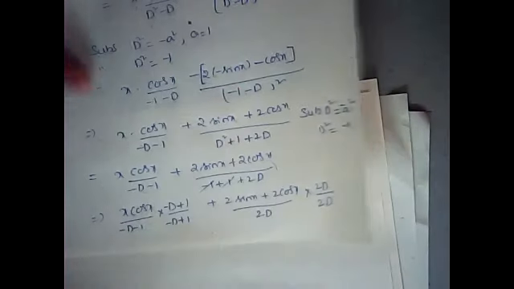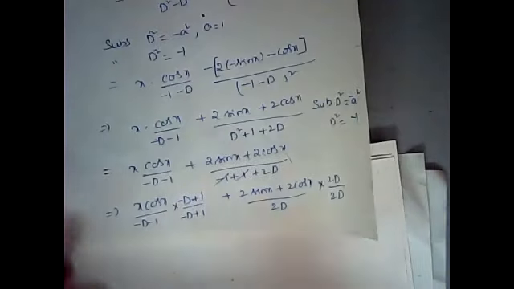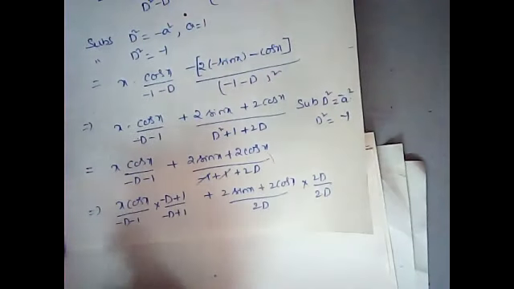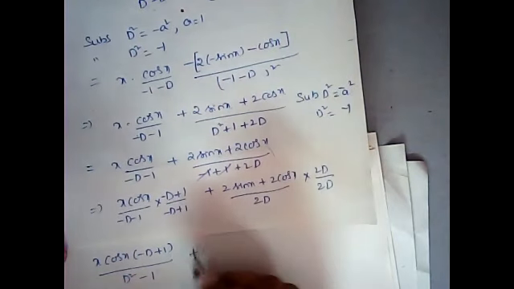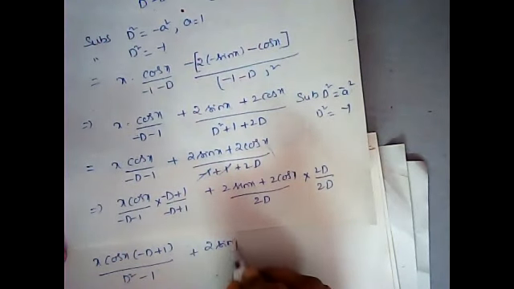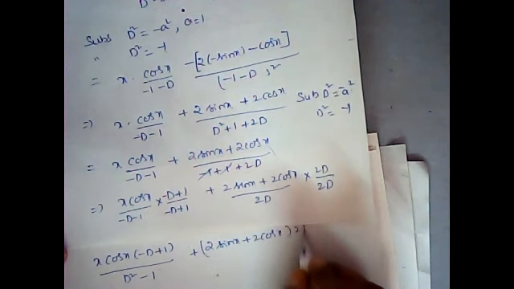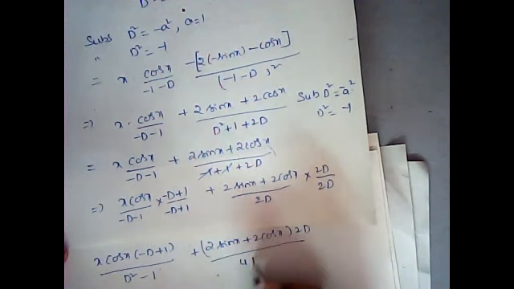Okay, so when you are rationalizing it, what is the term we are getting here, which is x cos x into minus D plus 1 by D square minus 1, plus 2 sin x plus 2 cos x whole into 2D by 4D square.